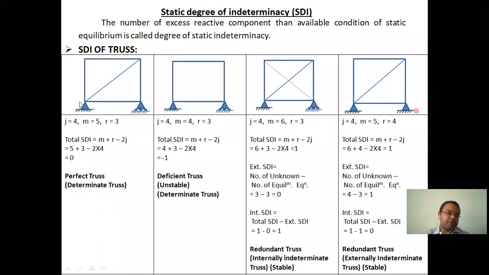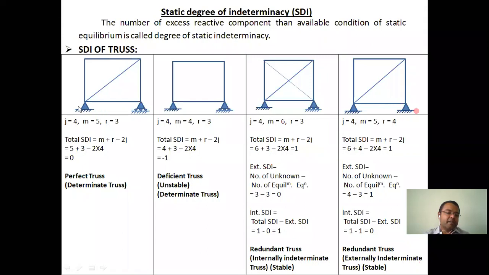So here there are 4 joints: 1, 2, 3, 4. Hence the number of members, M stands for member, is 5. R is the number of reactive components, or you can say unknowns.